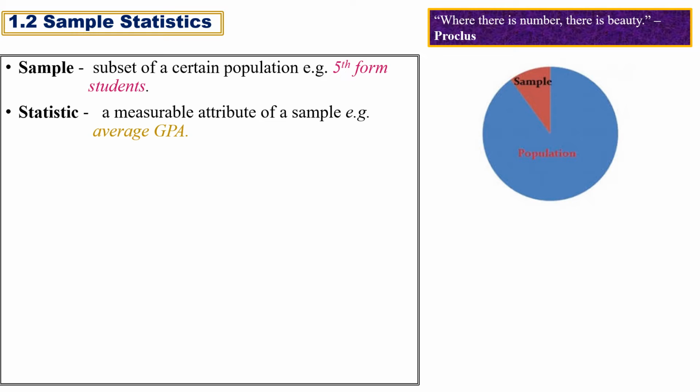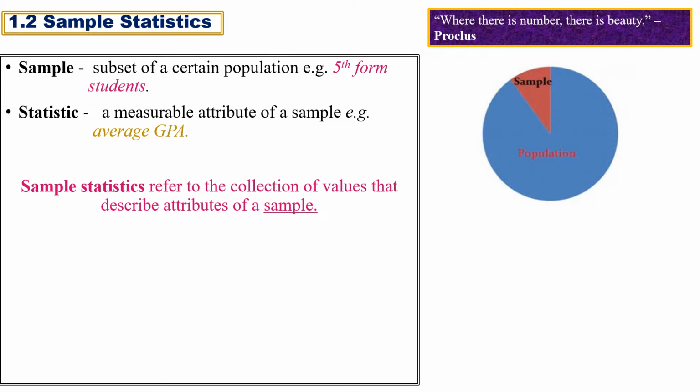So the statistic average GPA would not refer to the average GPA of all the students in Scarborough Secondary School, but it would refer to the average GPA of the sample class, which is the fifth form students. Therefore, sample statistics refer to the collection of values that describe attributes of a sample.